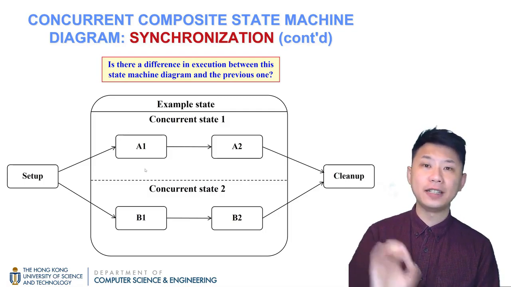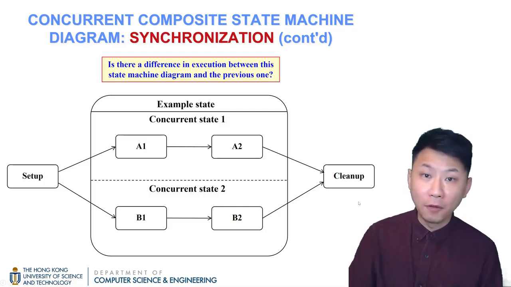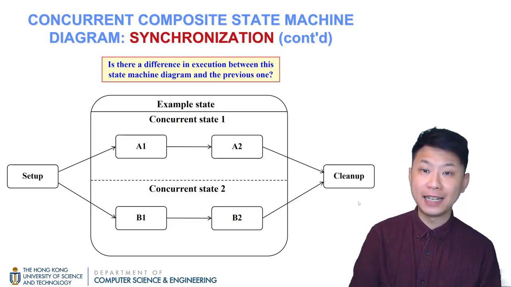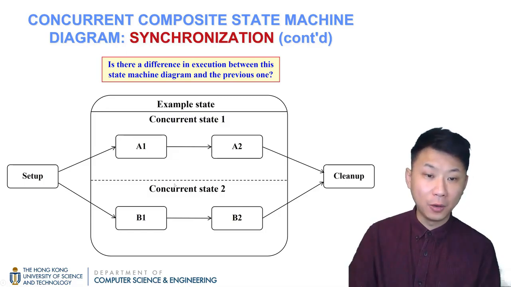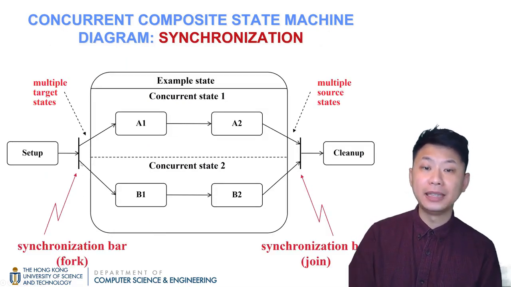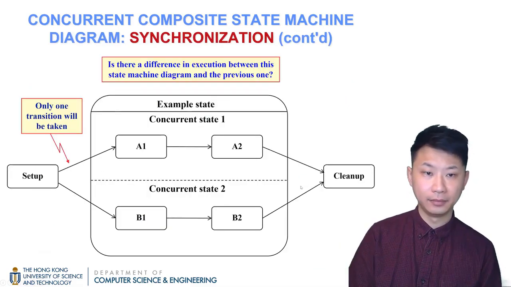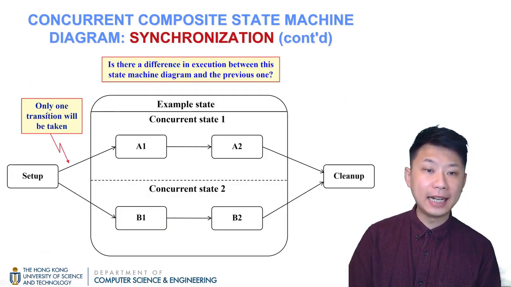And we know that a transition is instantaneous and cannot be interrupted. That means we're going to follow one of the transitions at one time. So without synchronization, we will either go into this path or the other path, but not both at the same time. But using synchronization, it's possible that we're going to go into the two regions at the same time. And that's why here I say that only one of the two transitions will be taken if we don't have synchronization.